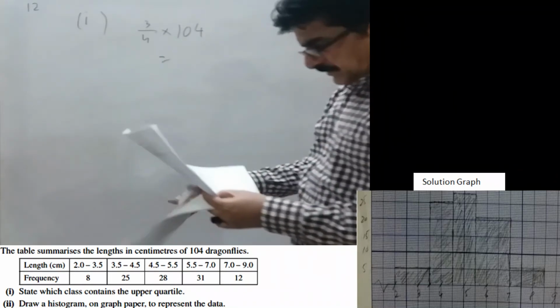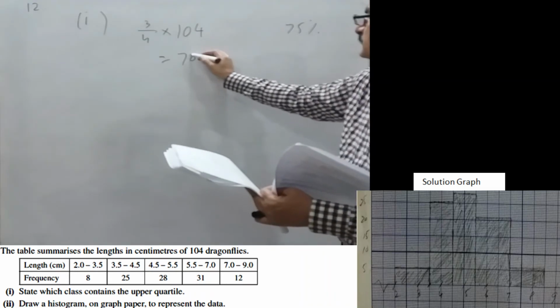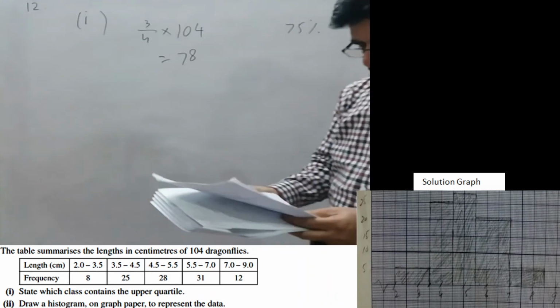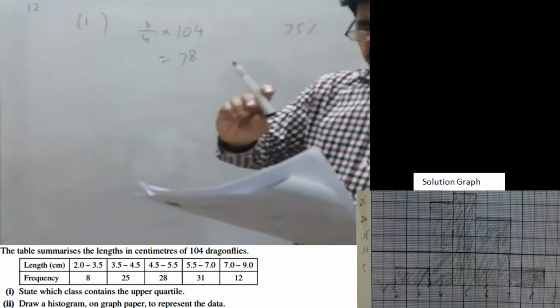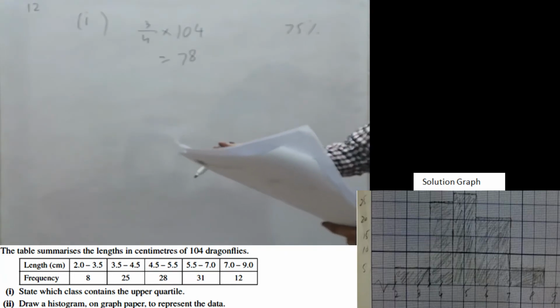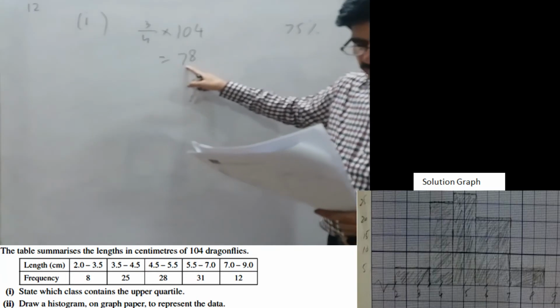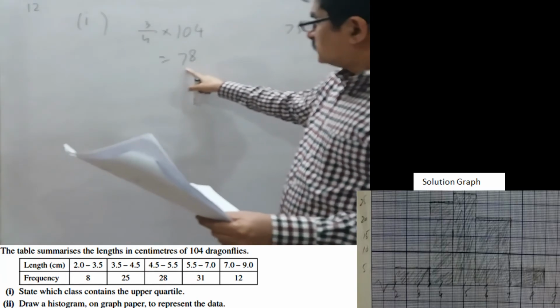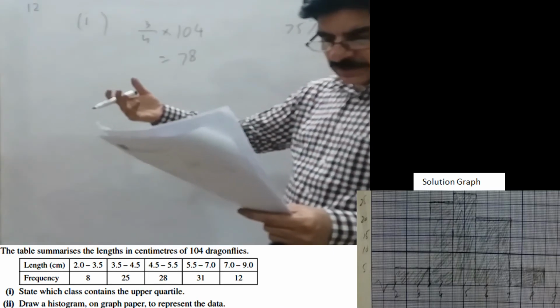If you calculate this 75% value of the frequency, you will get 78. You are asked to find where the upper quartile will lie. We have to tell the class, not the value of the upper quartile, and it's not possible to tell that. So the value which lies at this place will be the upper quartile. So we have to find the class.